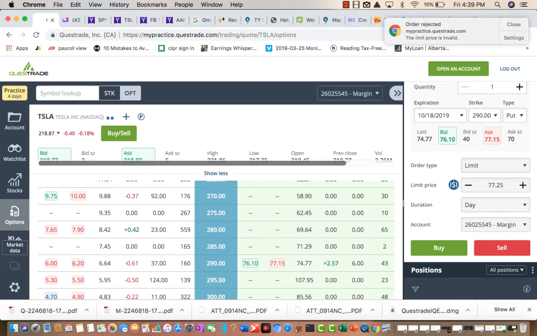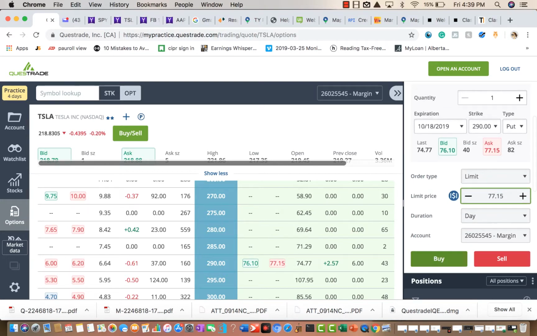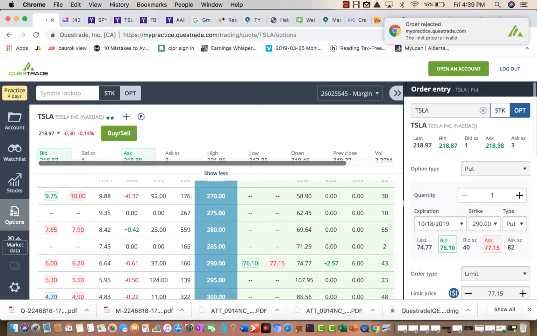Alright, it says rejected. We're probably going to have to play around with this because, as you guys can see, the bid and the ask are changing because the stock price is changing as well. I'm not sure what's going on with this one.